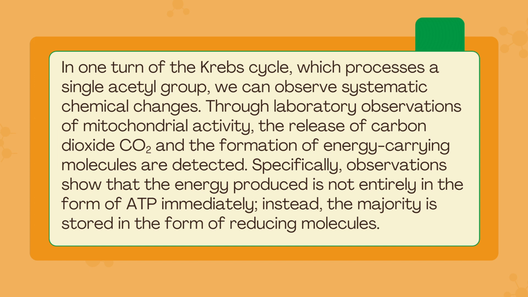Through laboratory observation of mitochondrial activity, the release of carbon dioxide, CO2, and the formation of energy carrying molecules are detected. Specifically, the energy produced is not entirely in the form of ATP immediately. Instead, the majority is stored in the form of reducing molecules.